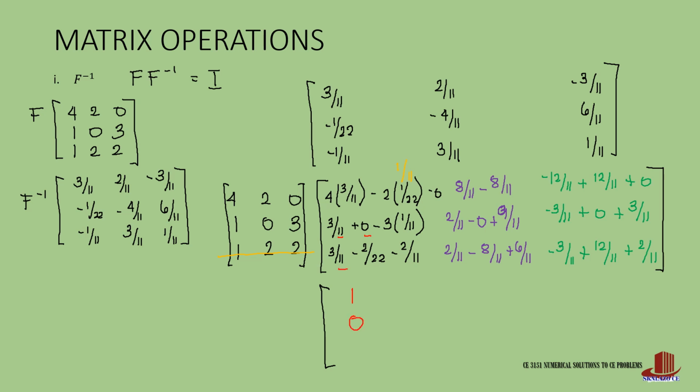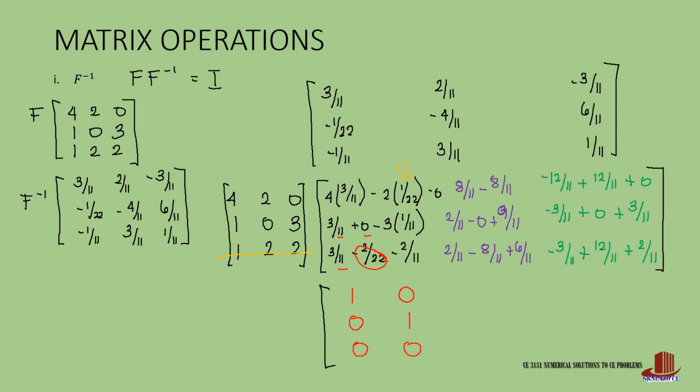Thirdly, 3/11 minus, again, this would be taken as 1/11 minus 2/11 would also be 0. For the second column, 8/11 less 8/11 would be 0. 2/11 minus 0 plus 9/11 would be 11/11 or 1. And 2/11 minus 8/11 plus 6/11 would be canceling out each other, giving us 0.